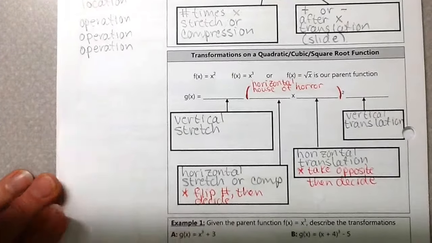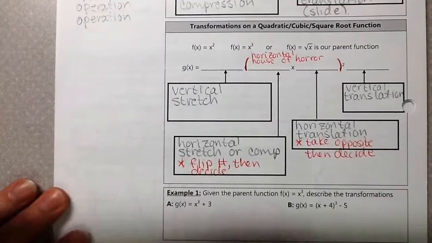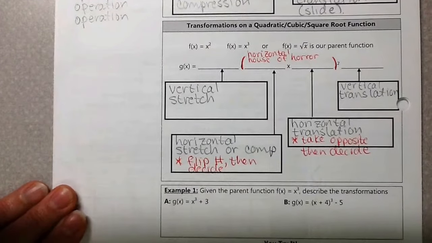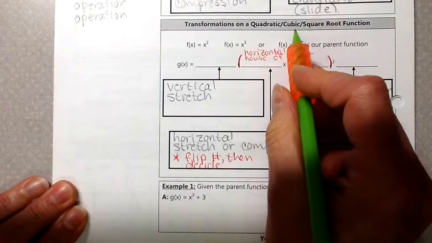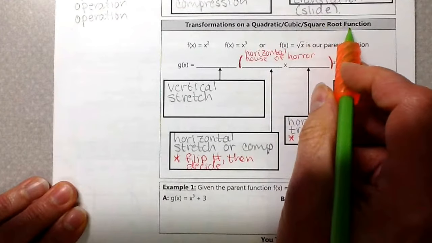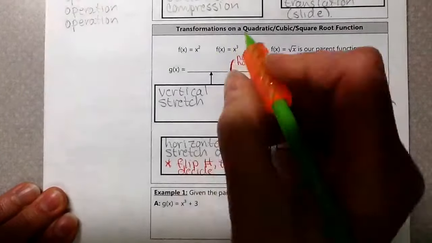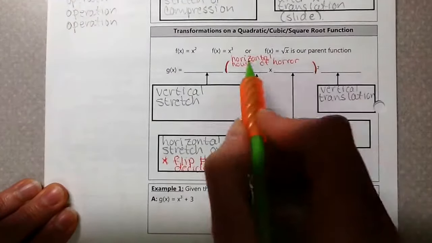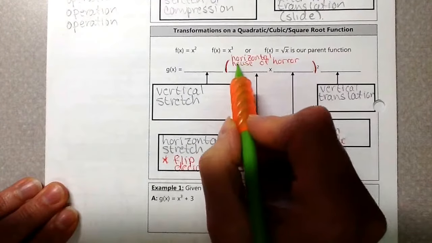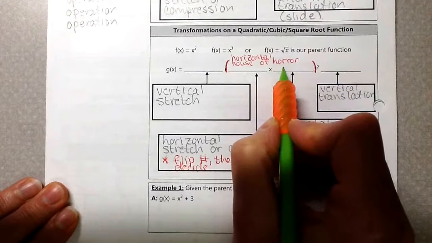So, if we go down to this next example, we have transformations on quadratic, cubic, square root, and what happens with them is we're going to have some parentheses. I call these parentheses the horizontal house of horror.